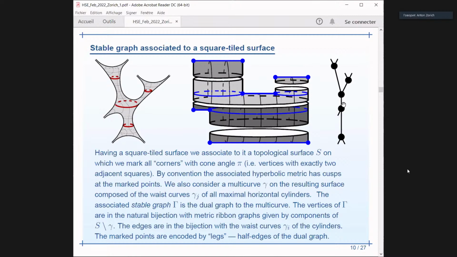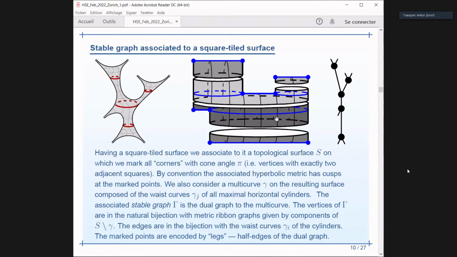More geometrically, you can imagine this in the following way. Consider this square tile surface and apply a transformation which makes horizontal distances much shorter and which expands everything vertically. Then we get very narrow and very long cylinders with large moduli. If you consider the associated hyperbolic metric, then the waist curves of the cylinders would be almost shrunk to points, and we get in the limit this stable curve.